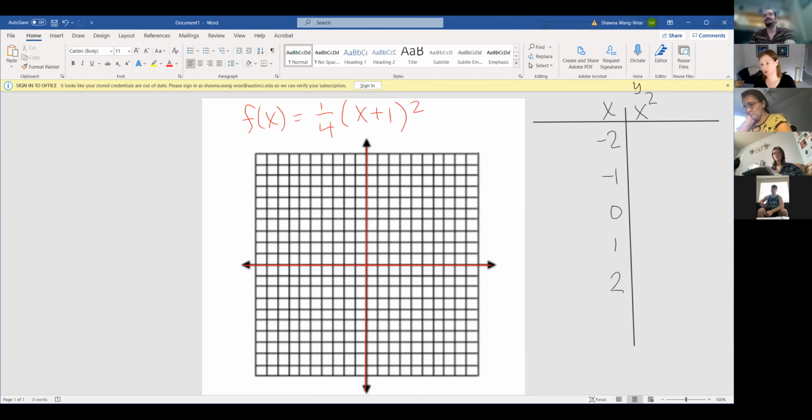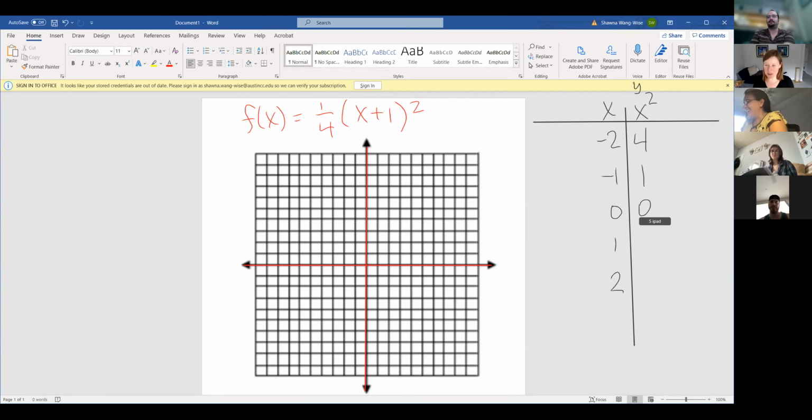So what's -2 squared? What's our Y going to be? 4. Okay, and be careful, it's not -4. And then -1 squared. 1. Okay, 0 squared. 0.